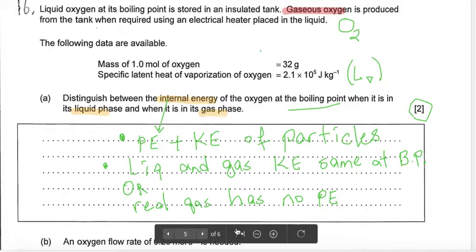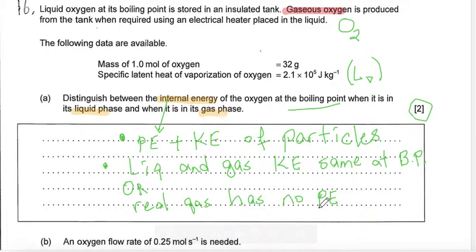So what you can say is, if it's an ideal gas, let's correct that. I'm not going to record this again, I'll just fix it. If it's assumed to be an ideal gas, it has no potential energy.